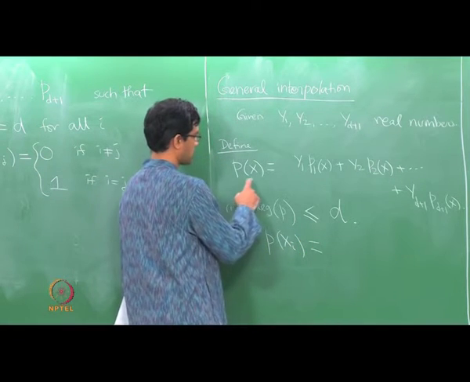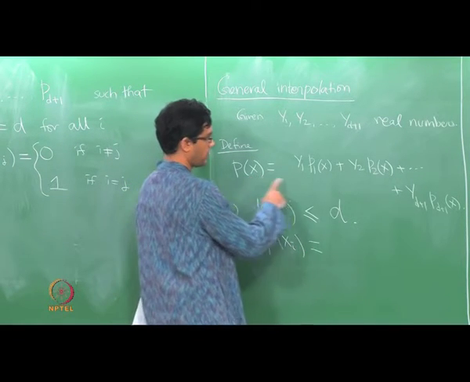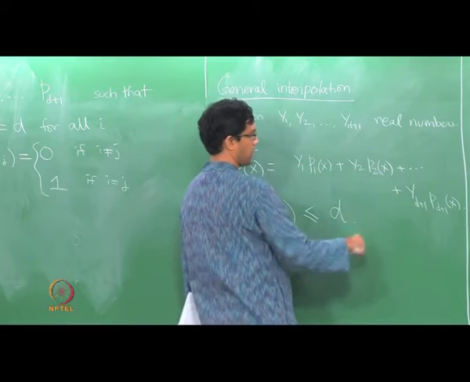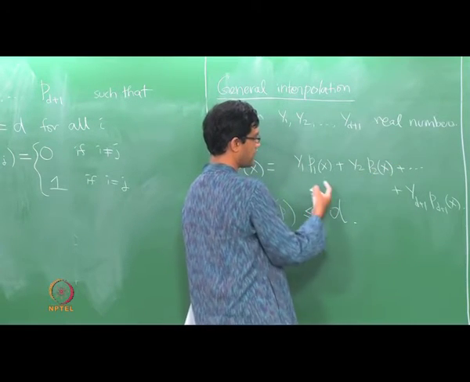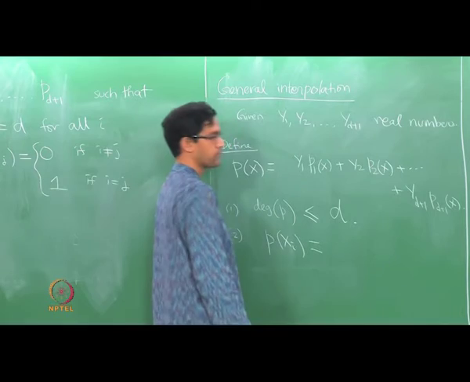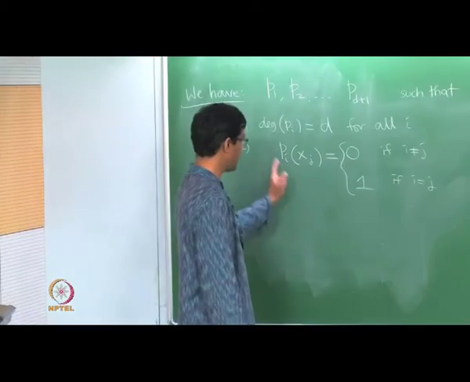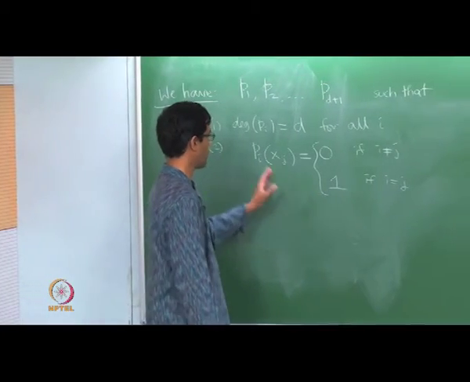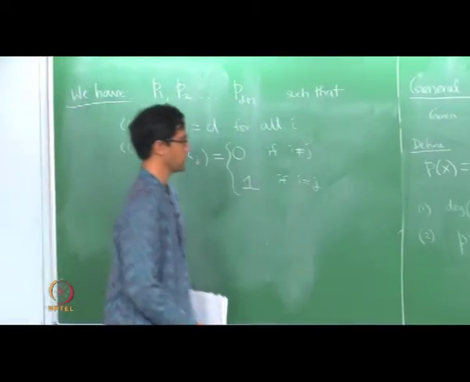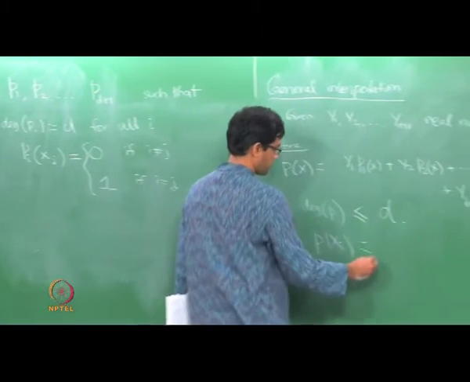If you observe what is the value when you put x equals xi, well, all the terms other than the ith term will actually be a 0 when you put x equals xi. Okay, that is the key property here. Only pi of xi will contribute a 1, all the other terms will give you a 0. So in fact only the ith term comes up.